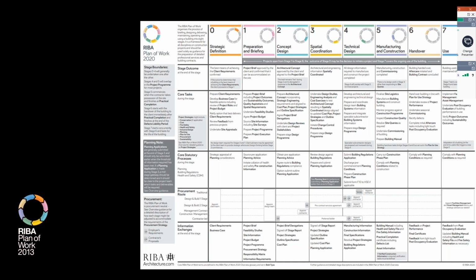And just staying on information exchanges for a minute, we've got a question here about the Building Safer Future, the Hackitt report, which talks about key information exchanges at key gateways, I think, before planning, before building, before handover. Do you think the plan of work nicely aligns to the recommendations in the Hackitt report? Yeah, so underneath the core task bar on the screen, you can see a number of the project strategies that previously were embedded into the plan of work.